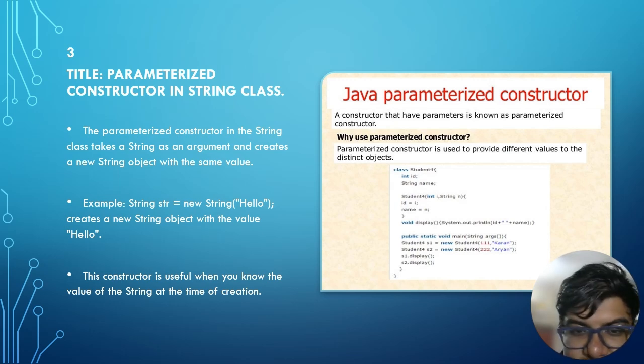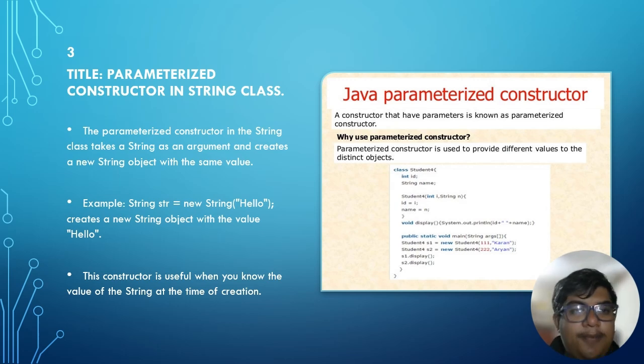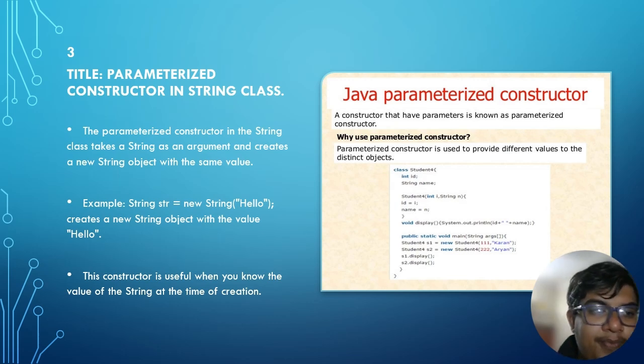You're creating an object of string and setting it as hello, so it's going to store hello in the string. You use the constructor of a class that exists in the package. The constructor is useful when you know the value of the string at the time of creation. So let's move on.